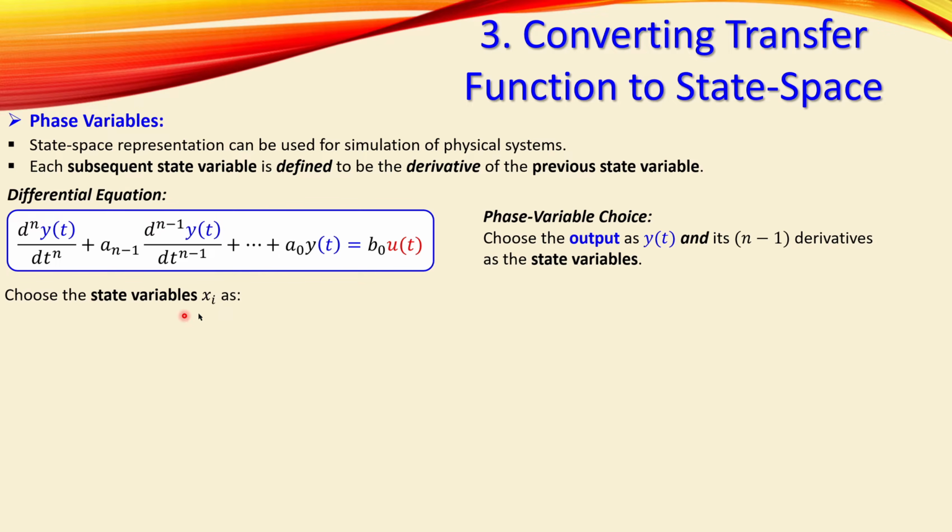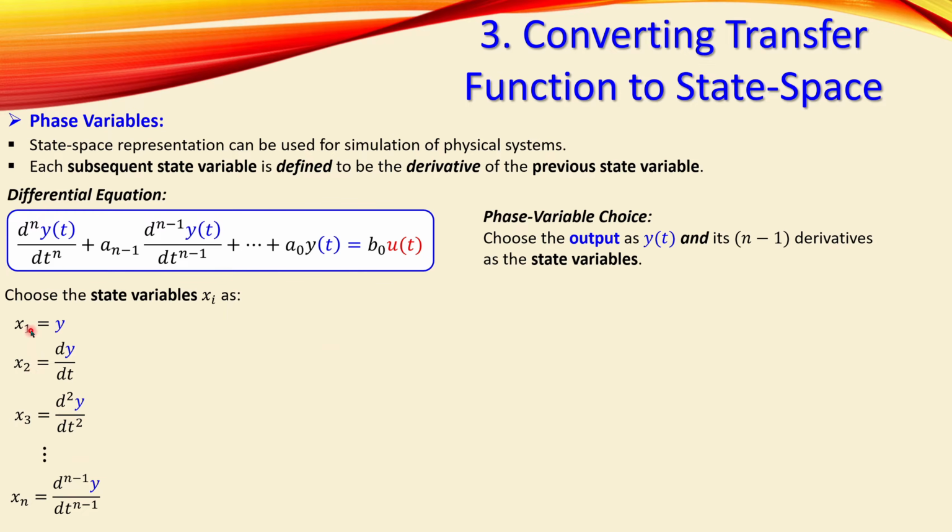Now, if you choose a state variable, let's say xi, and you call it, for example, x1 is y, then x2 is then a time derivative of that one, y. And x3 is then the second derivative of that y, and move on up to the n-1 derivative as given here.